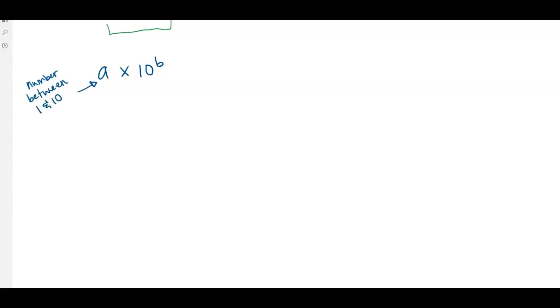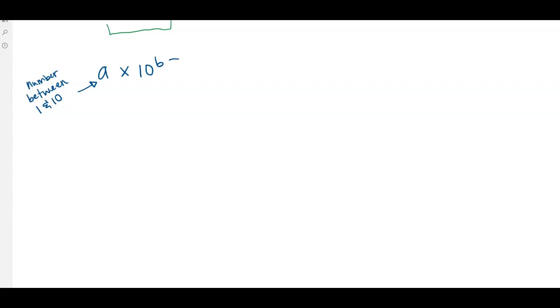So it can be equal to 1, but it can't be bigger than 10. So it has to be 1 and then up to 9.9999999, but it can't be 10. So a number between 1 and 10.